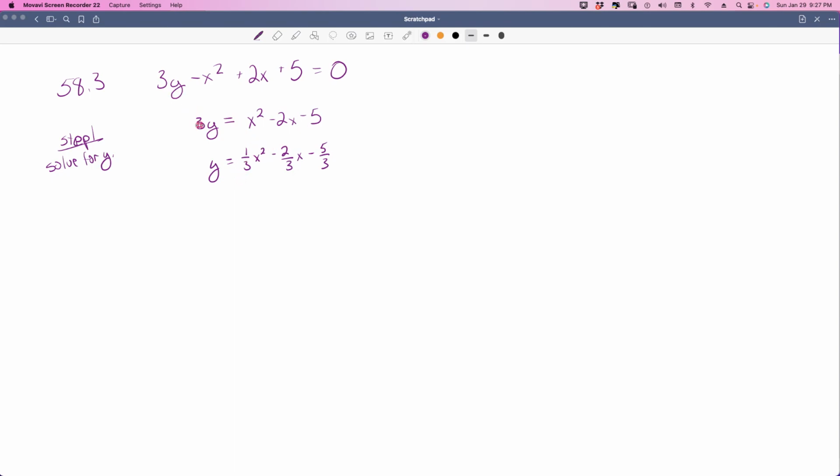We started by getting y alone, and the y term has a lead coefficient of 3. So whenever your y term has a coefficient, that should be an indicator that you are going to have a wide parabola, because you're going to have to divide everything over here and you're going to get a fraction for x, unless this is a multiple of that.